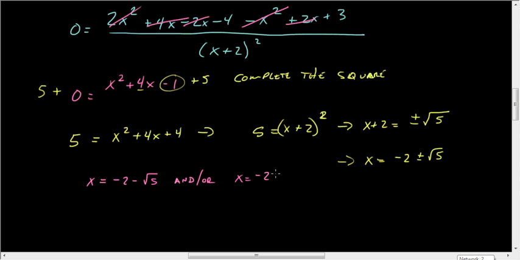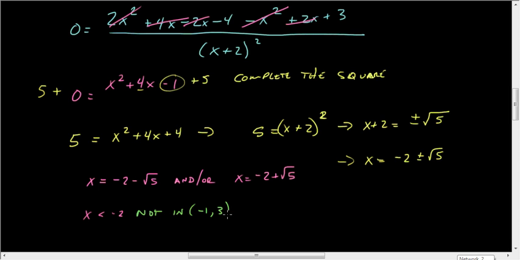Now this first one, we have negative 2 minus root 5. That's going to be, x is going to be less than negative 2. Okay, that means that this is not in negative 1, 3. So we don't have to consider that.